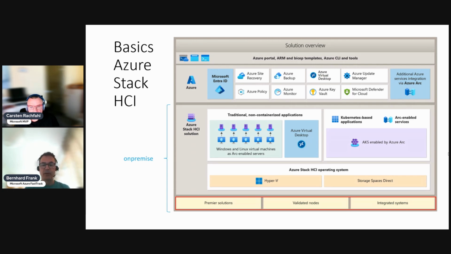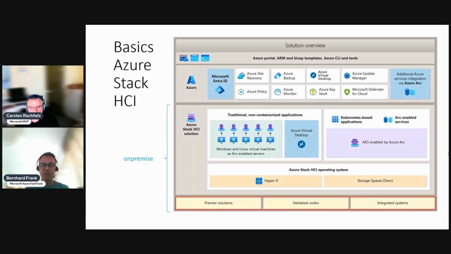That means we work with the OEMs and make sure that this hardware is validated to be a valid system for Azure Stack HCI, because there are some requirements, especially on the hypervisor, but also on the storage level. And as we have a hyper-converged setup, we also rely heavily on the network itself, and making sure that this all works smoothly together.